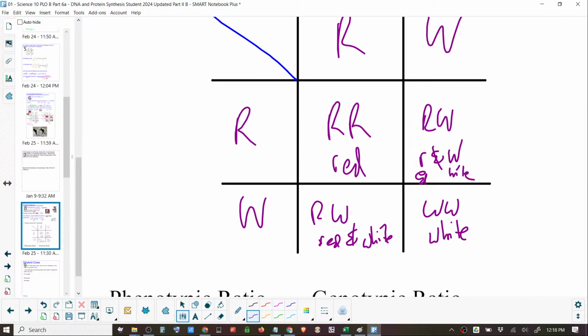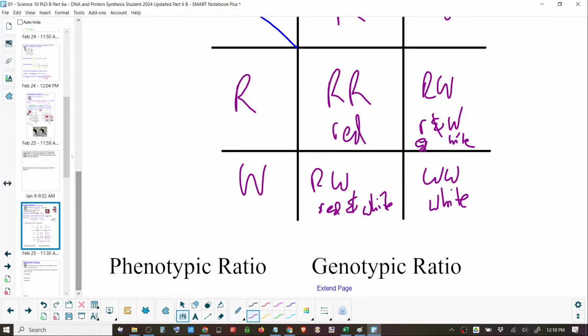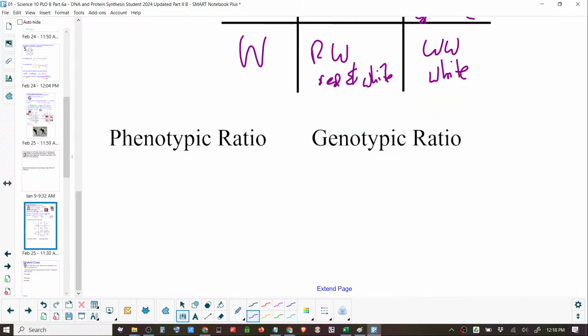Excellent. So now we can get our genotypic and phenotypic ratios. What would the phenotypic ratio be? Alexander. 1 to 2 to 1. Red, red and white, to white. And then the genotypic ratio, Jaden. 1, 2, 1.